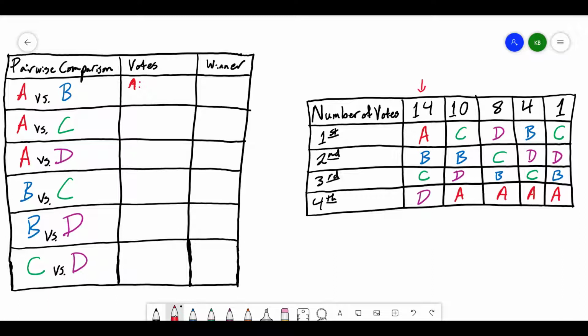So there are 14 there. But then it never happens again. So A has 14 votes. And B has all the rest of them. So I have 10 plus 8 plus 4 plus 1. So I have 23 votes for B.